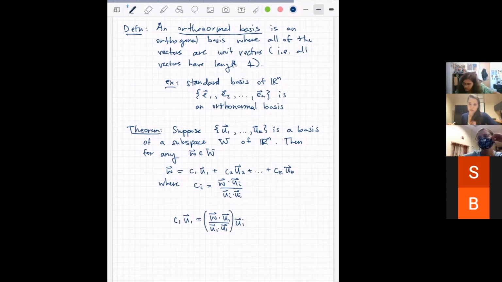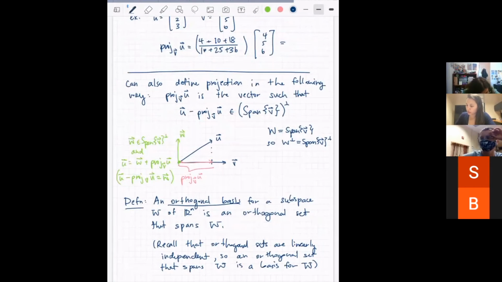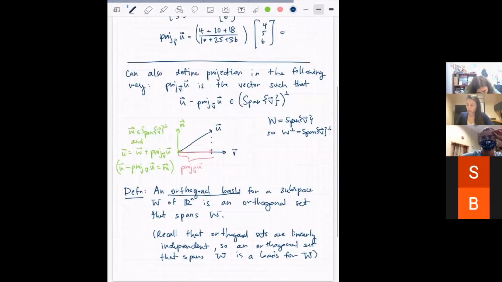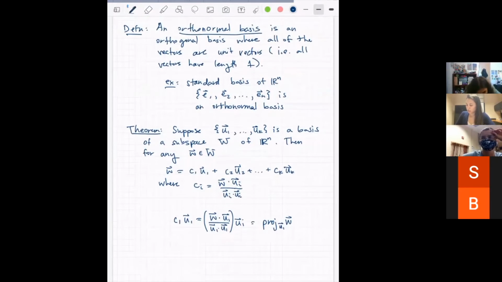And this is the projection of W onto U1, from our formula up here. This is our formula with U and V, and here we have instead W and U1.